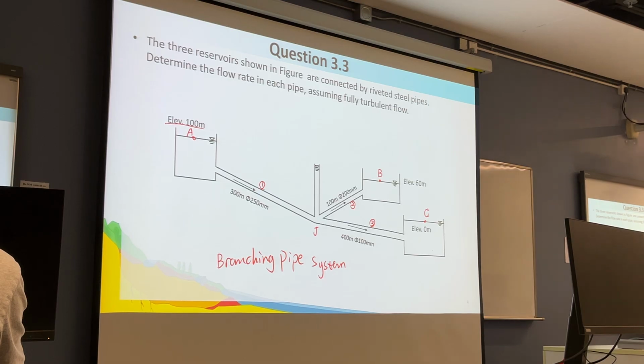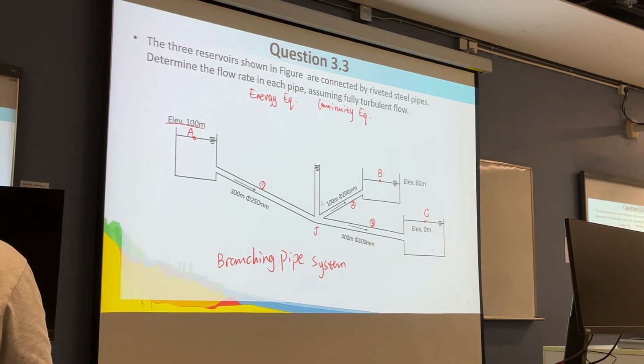So for this kind of question, we need to combine the energy equation and also the continuity equation to solve it.